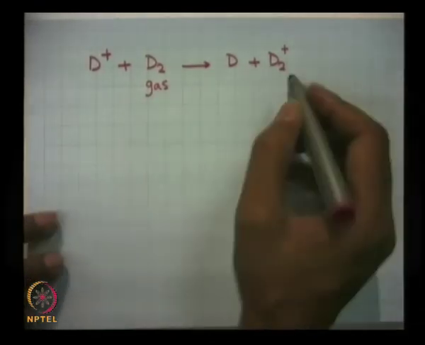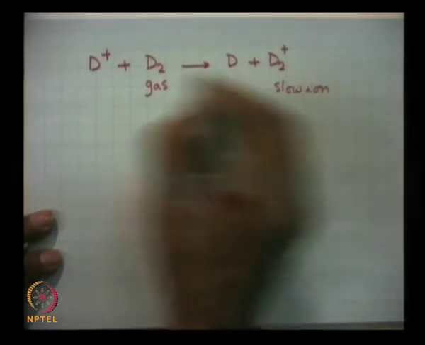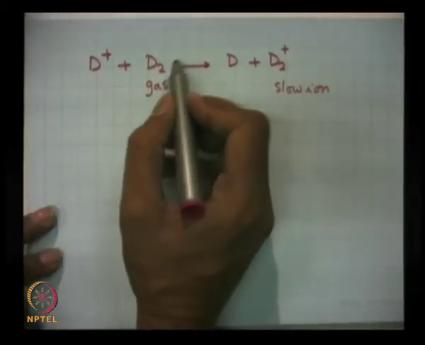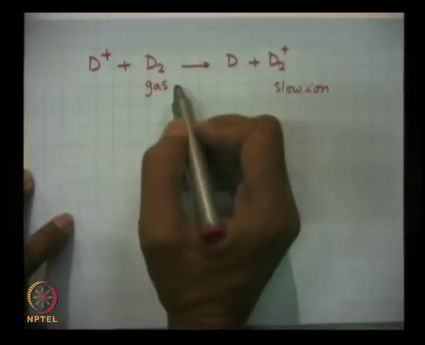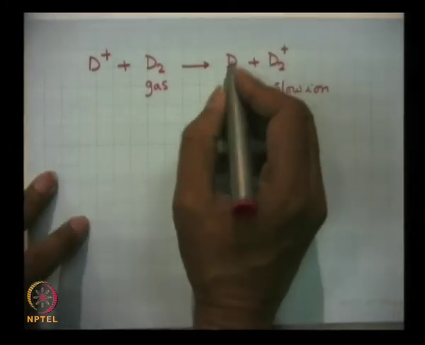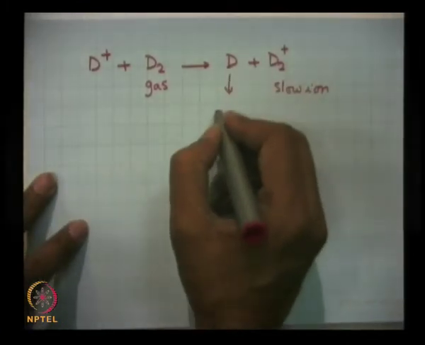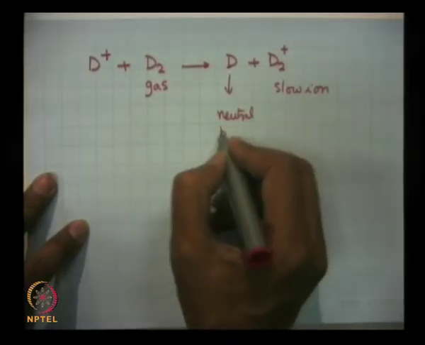So, this is a slow ion because the molecule was slow, only the electron has been transferred from the deuterium molecule to the deuterium ion. So, this is an energetic particle, this is the required neutral beam. This actually forms the neutral beam.